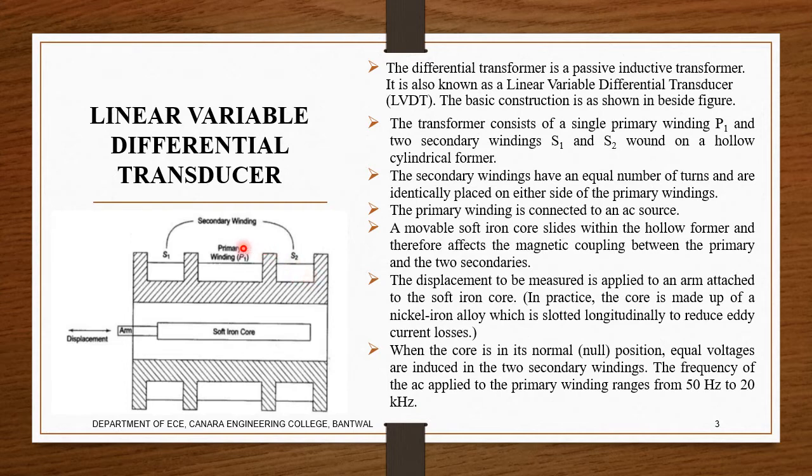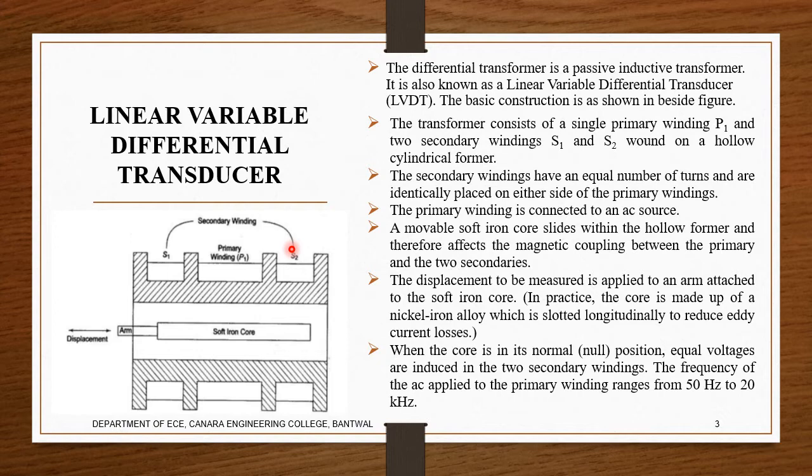These are two different voltages, so we make it a single voltage. How? We calculate S1 minus S2, hence the name differential transducer. It actually acts as a transformer. The connections are arranged so that S1 and S2 are in opposite positions, so that the voltages induced subtract from each other, S1 minus S2.